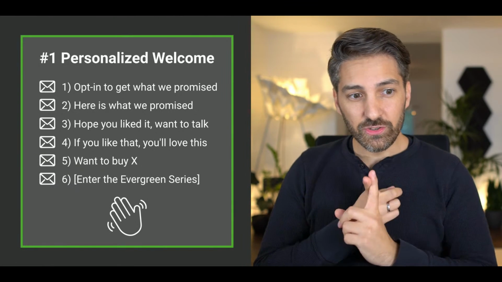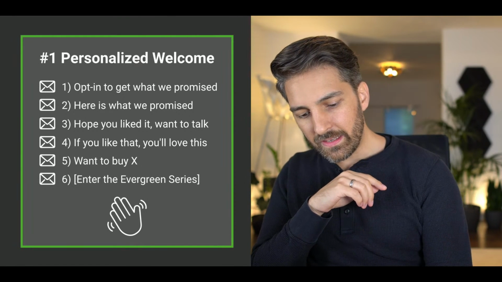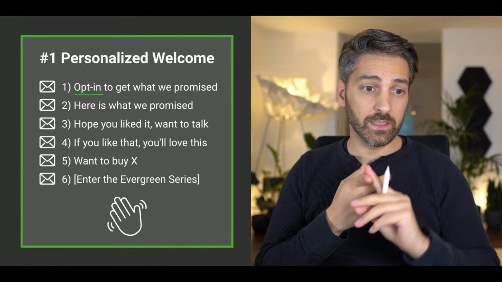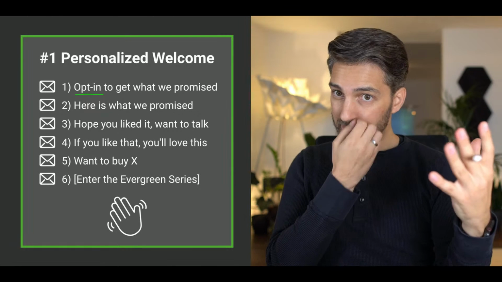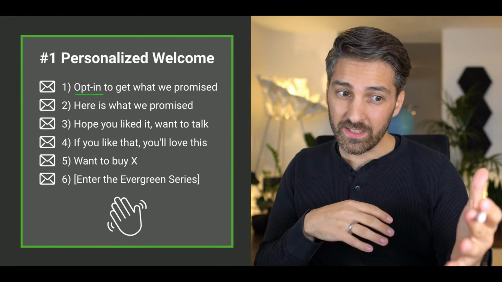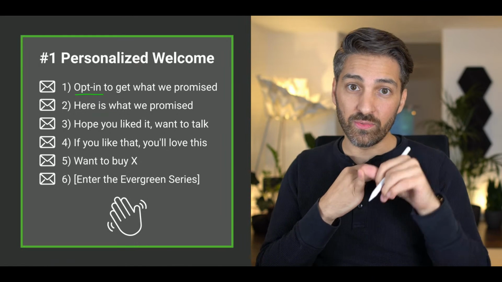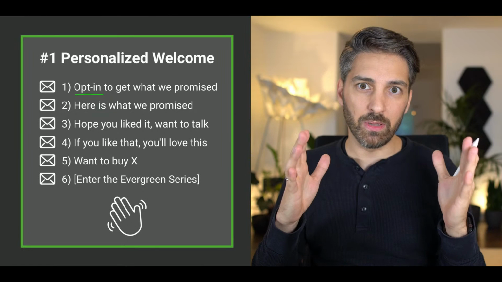The first thing you should be sending is the opt-in. The opt-in has the job of making you more compliant for data privacy concerns. So people want something from you and you tell them, in order to be allowed to send it to you, we need your consent. And in order to verify that it's really your email, you need to press a link there. We call this a double opt-in.